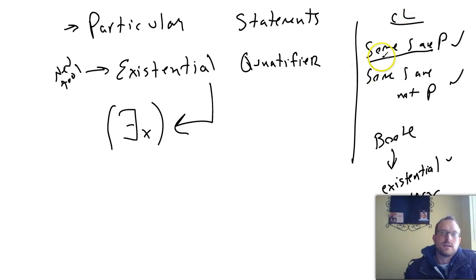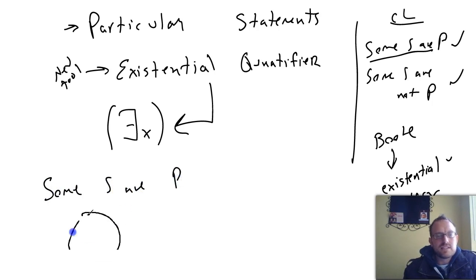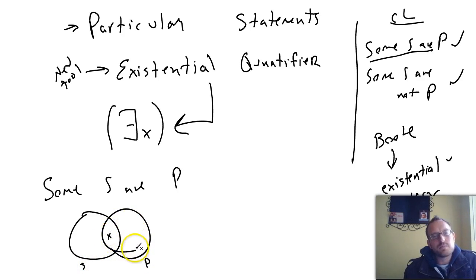Now, let's go back here and remind ourselves, in categorical logic, how do we explain the language of this? If I say "some S are P," I could even symbolize it with a Venn diagram where I have two classes, and it says that if I have an S, that S is also a P. Or maybe the better language here is: there exists an X, and that X is an S and that X is a P. But notice the language I just used.